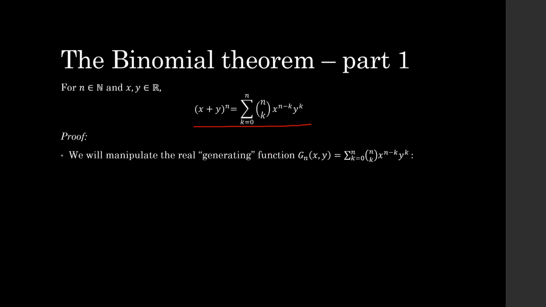I mean, it can be thought of that way, but you'll probably just confuse yourself trying to think about what sets am I considering, and what exactly is it, a bijection, is it an injection? Don't think about that. Just think about it as a shorthand for this expression for now. So anyways, this is going to be a sum from k equals 0 to n of n choose k times x to the n minus k times y to the k.